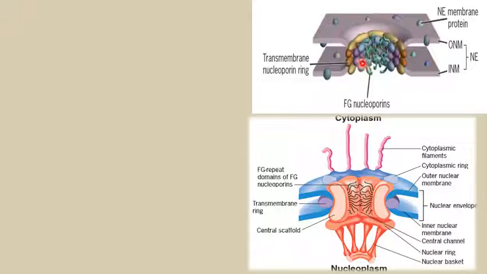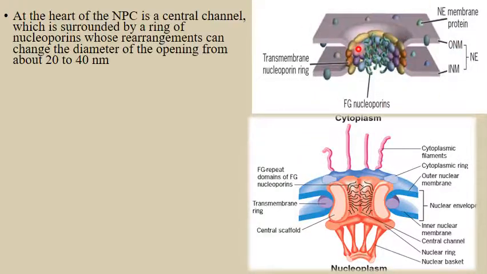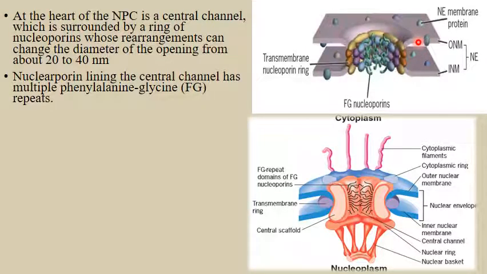Here is the nuclear pore complex, and the central channel is surrounded by a ring of nucleoporins. The nucleoporins that line the central channel contain multiple phenylalanine repeats. Phenylalanine is represented by the letter F and glycine by the letter G, so they are known as FG repeats.